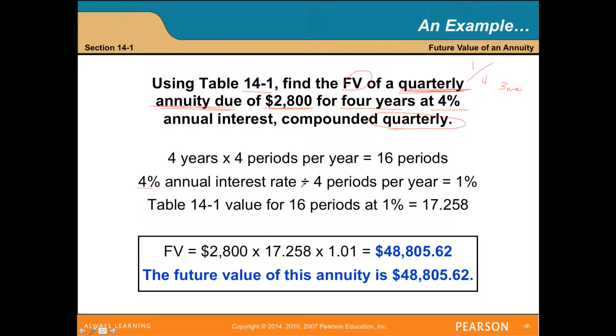4% annual interest rate divided by 4 periods per year is 1% per period. On table 14-1, the value for 16 periods at 1% is 17.258. And just so you know, if you have the Texas Instruments financial calculator, you would plug this in as present value 2,800, 16 N, rate 1, and then compute future value, and that would give you this answer.